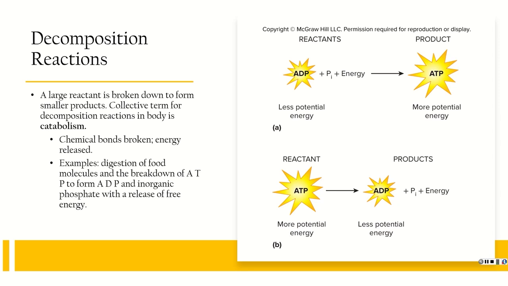What this does is it releases the energy stored up in that chemical bond, right? Because chemical bonds are a way to store energy just as much as heat is, or kinetic movement is a form of energy. Chemical bonds are a form of energy, and when you break them, they have to release that energy.